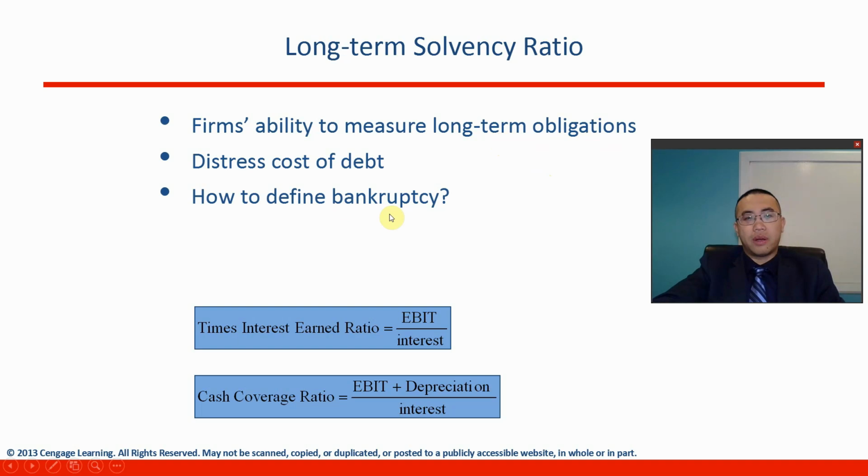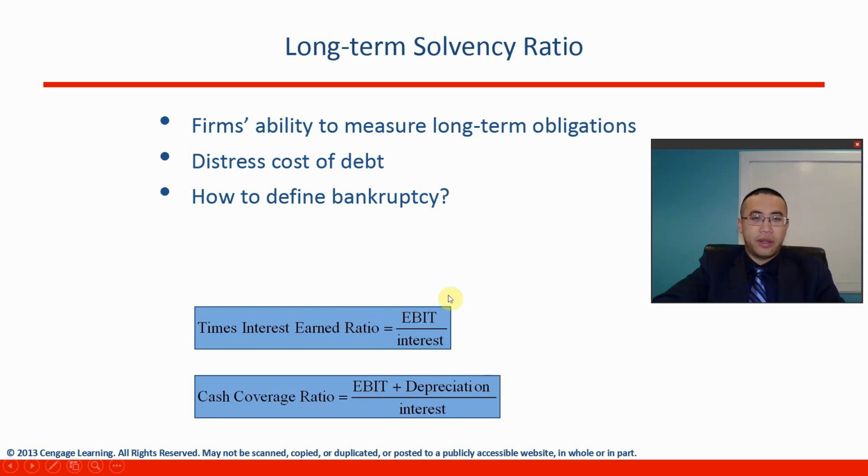The definition of bankruptcy is a firm unable to pay off its debt obligations. Even if the firm is struggling to pay for its debt, if they do not have enough money, it will be under financial distress, and that would eventually lead to bankruptcy.